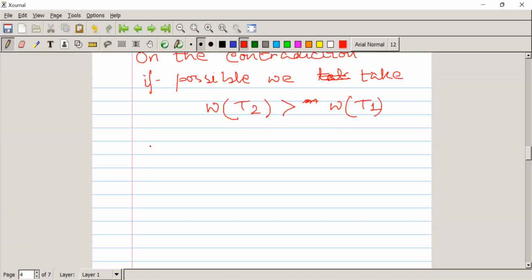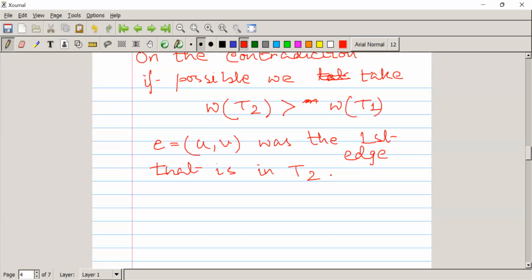And say E equal to UV was the first edge that is in T2 but not in T1.